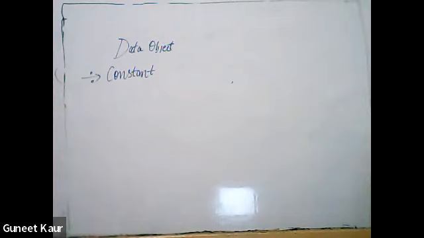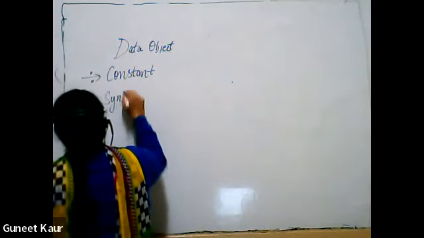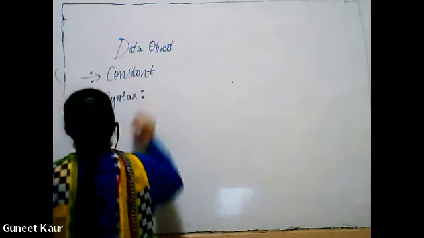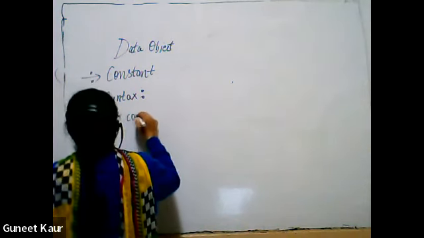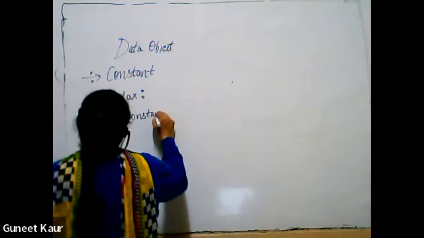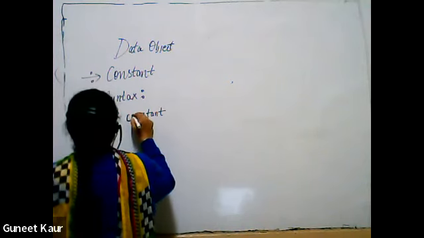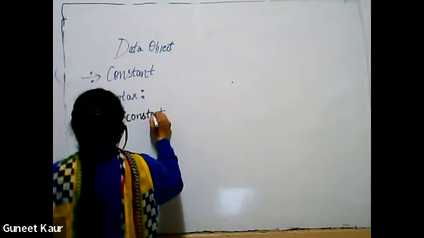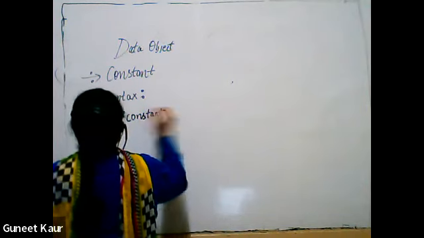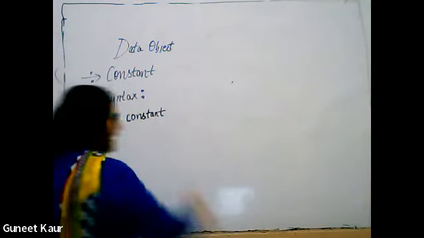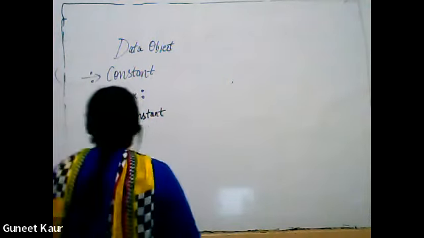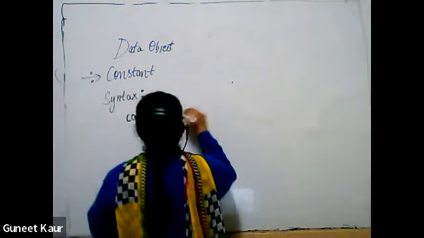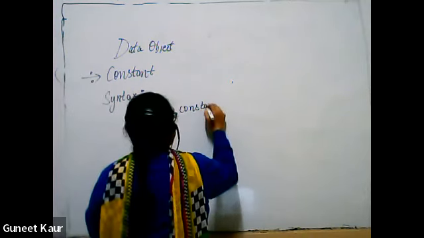And the syntax written for the constant is as follows. Now I will write constant. This should be bold because this is a reserved keyword in VHDL. So I have bolded this constant, then the constant name.